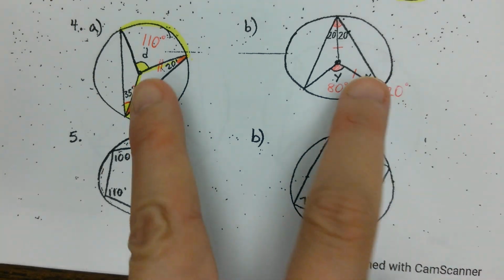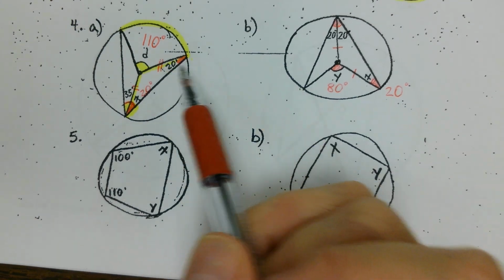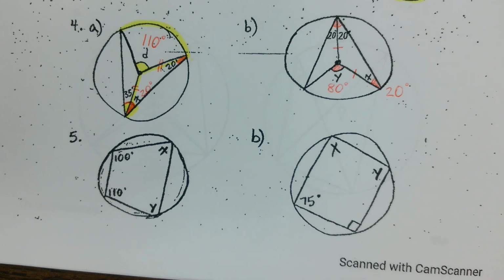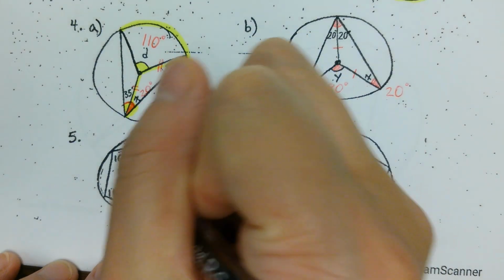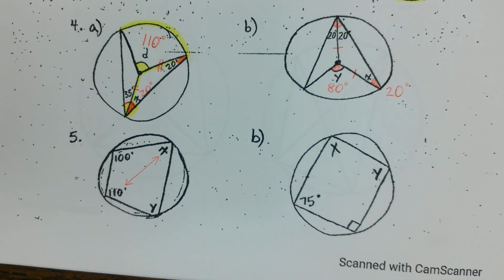Okay. How many of you got A and B? Good job. Okay. It's tricky. All right, if you didn't get it the first time around, it's okay. We have a few homework questions. You can practice that. Okay. What's the connection in a quadrilateral inside a circle?